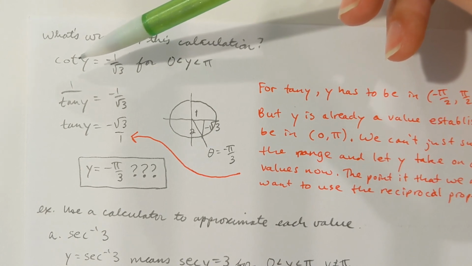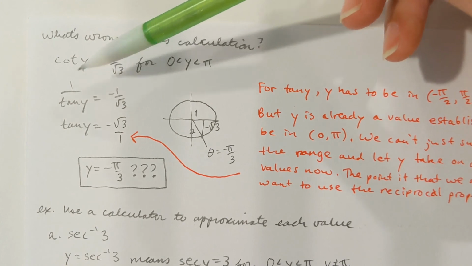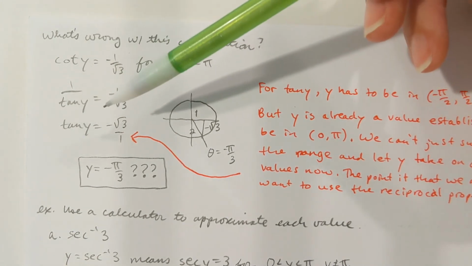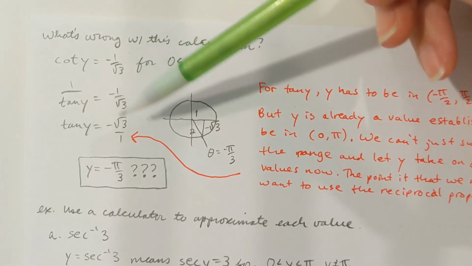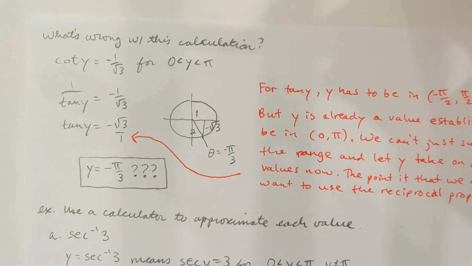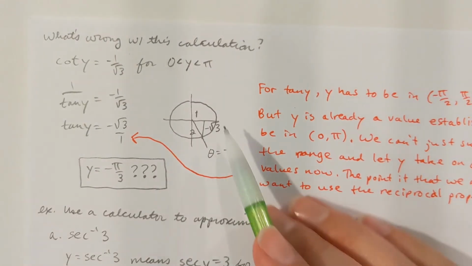Now, tangent of y is the reciprocal of cotangent of y, right? So cotangent of y would be the same as 1 over tangent of y. So why not write it like that? If I cross multiply, tangent of y would be negative root 3 over 1. Now the range of the tangent inverse curve is y is ranging from negative pi over 2 to pi over 2. So I'm in quadrant 1 or quadrant 4.